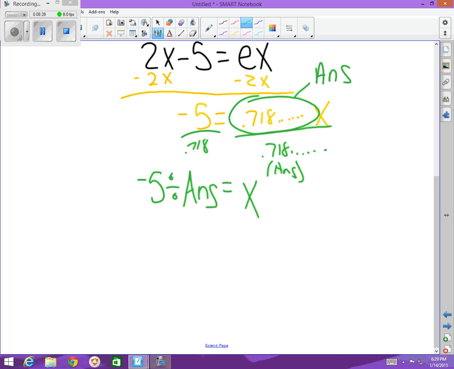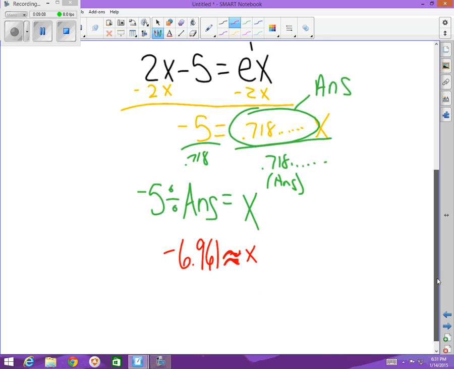And that answer would be somewhere in the vicinity of a value, which I've got to figure. So x is going to equal a negative 6.961 approximately.